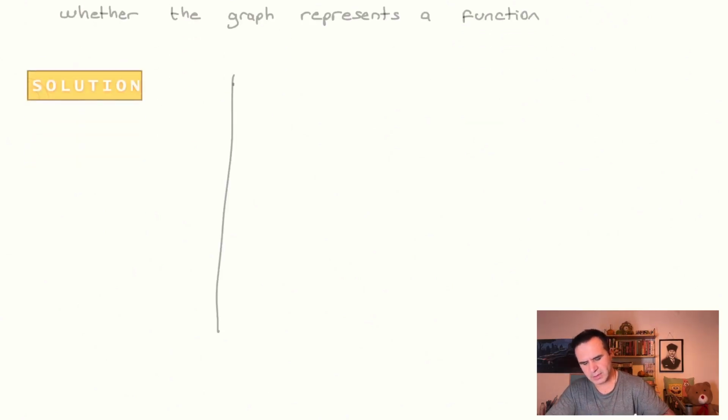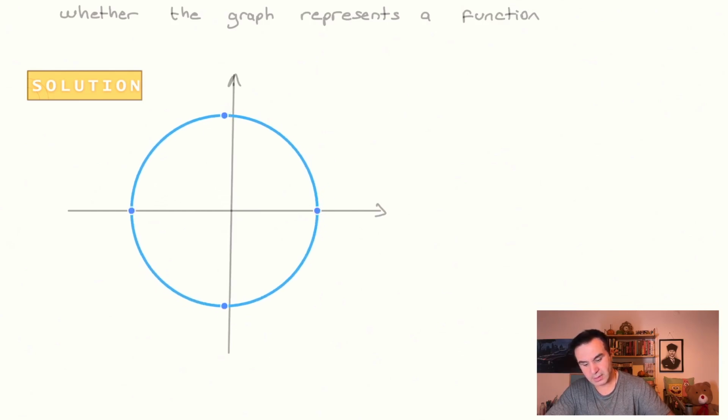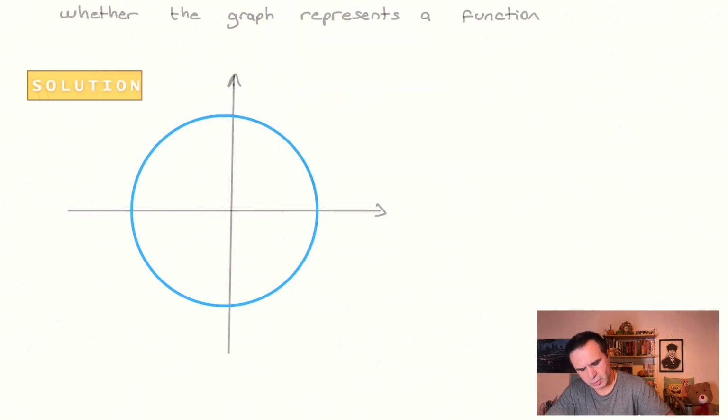Let's draw this here. We will draw a semicircle, and this semicircle has radius 2, and this is also 2.